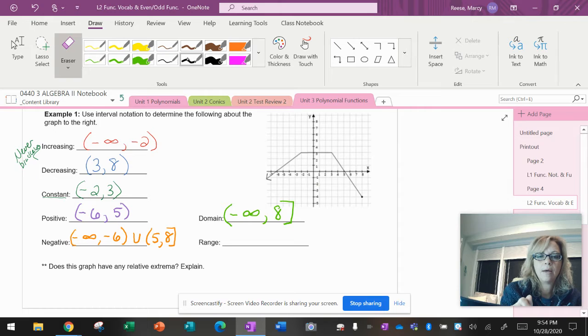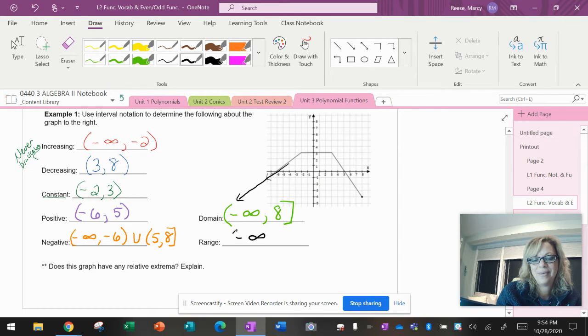Okay, then let's use black. That's boring, but let's use it. So range, the lowest it goes down to is -4. And there is, oh no, I'm lying. I just lied to you, because remember, it goes down and down and down forever. So I missed that.